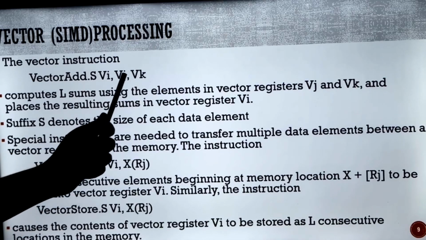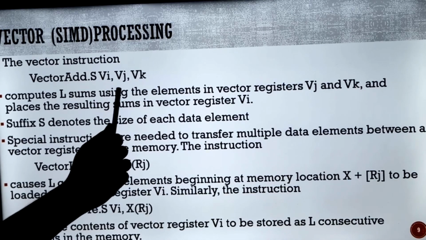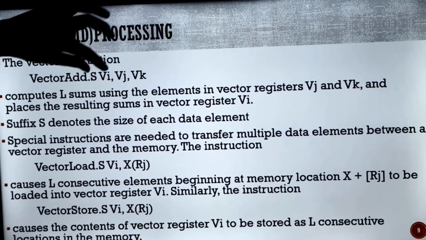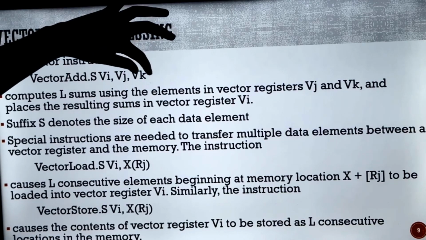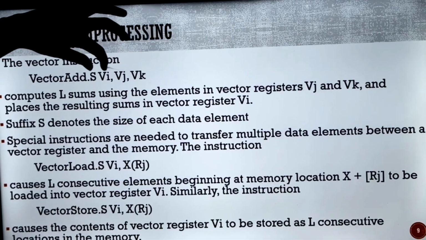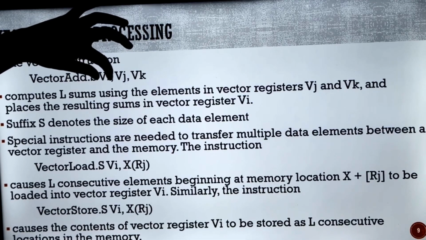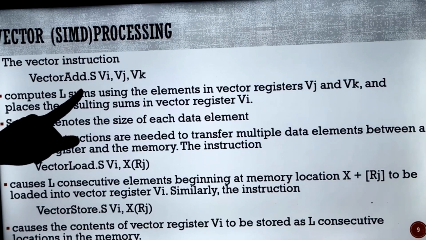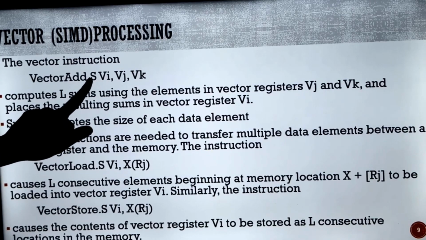Now what are Vi, Vj, Vk? These are vector registers which can hold more than one data at a time. It means a set of data from Vj and a set of data from Vk I am adding together and storing in Vi. It may be 5 data at the same time or 10 data, whatever. Now what is this dot s all about?